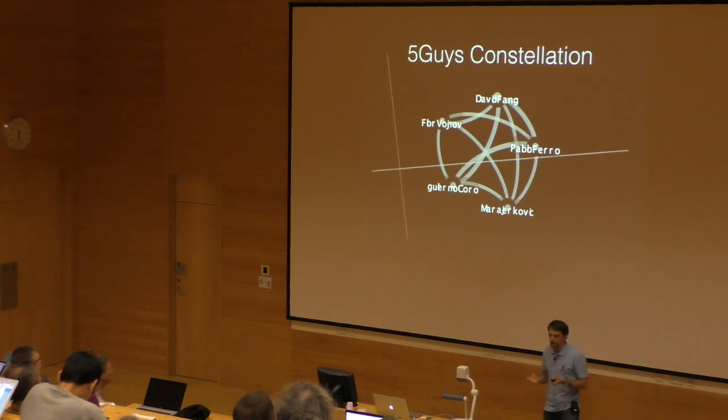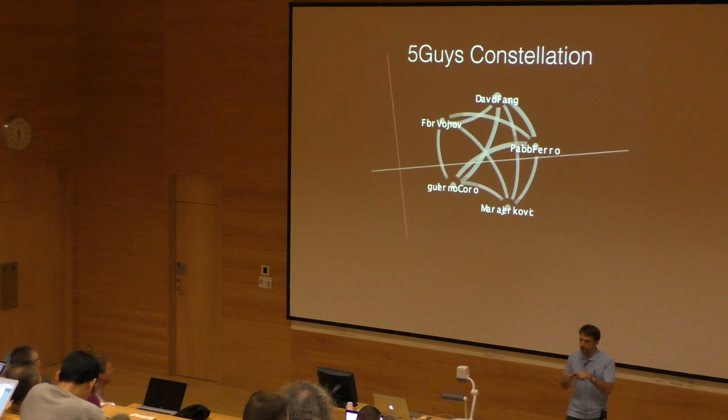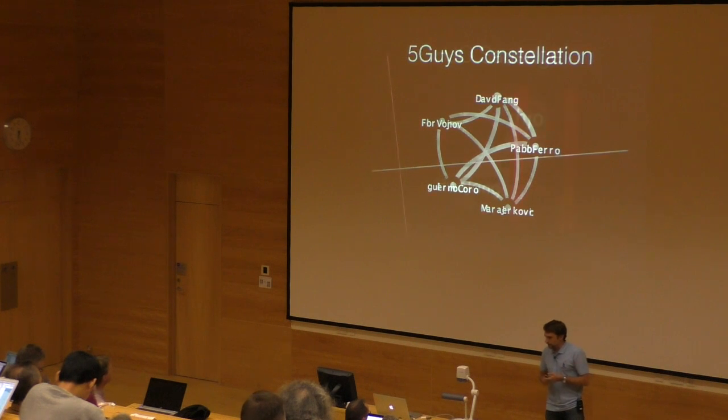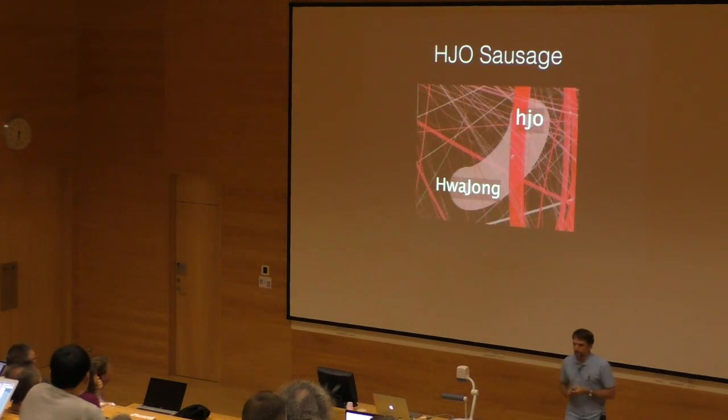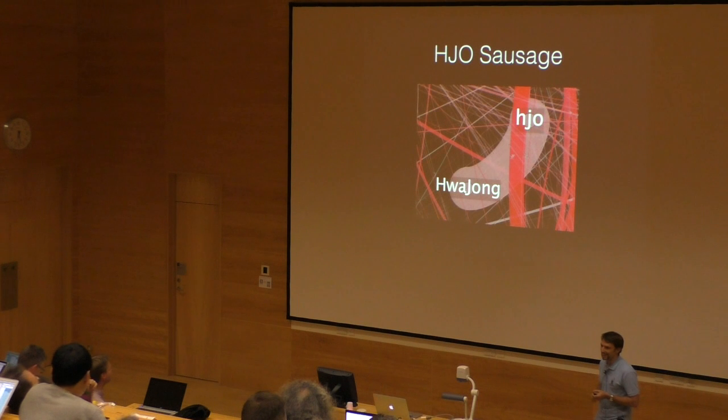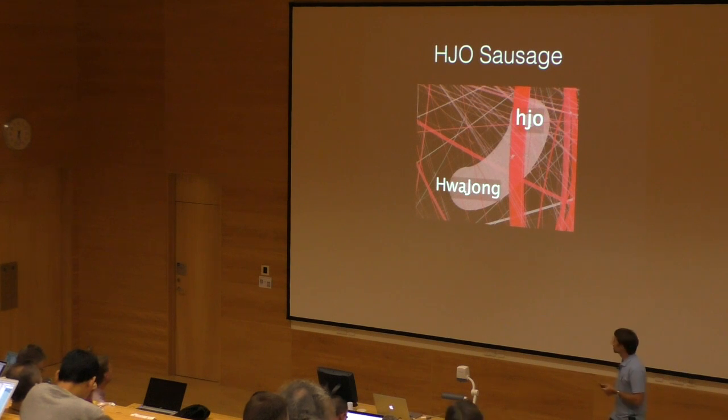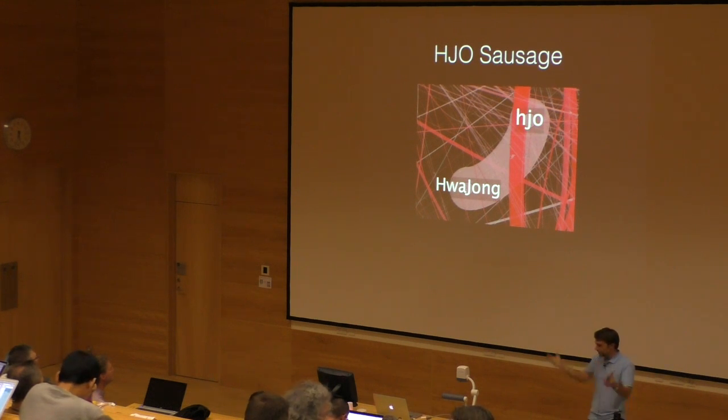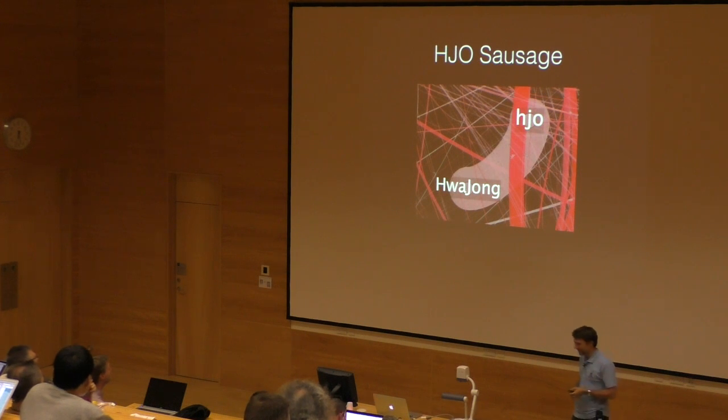And there are other funny things, because people commit under different names. So there is this HJO Sausage. He is a really nice developer called Hwajonol, I think, if I pronounce it correctly, and he commits with two names really often and really a lot, and so it's like one sausage somewhere there.